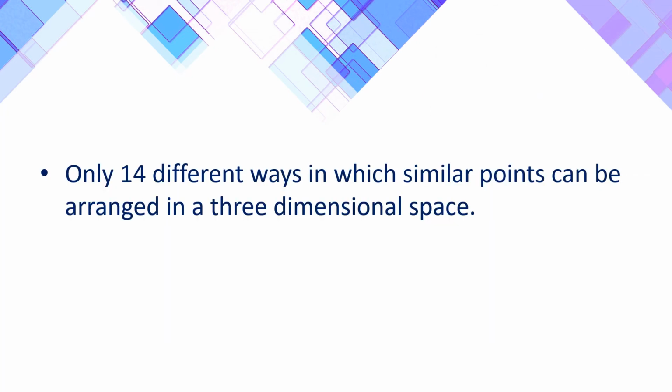That is, there are only 14 different ways in which similar points can be arranged in 3-dimensional space, considering the geometry and symmetry of the lattices, as pointed out by Auguste Bravais.